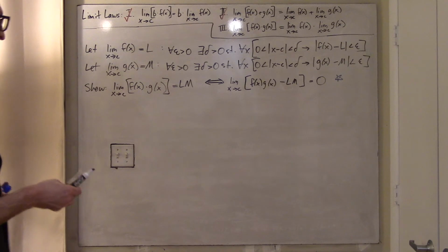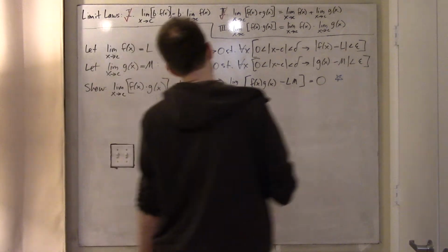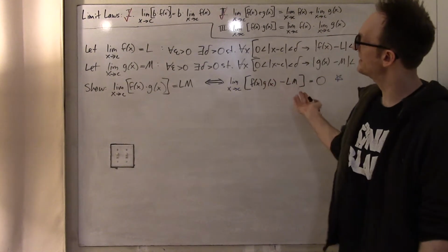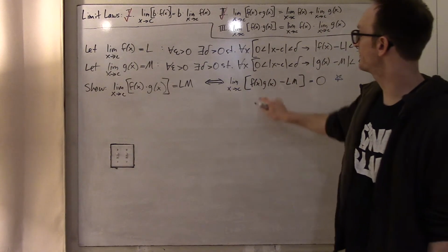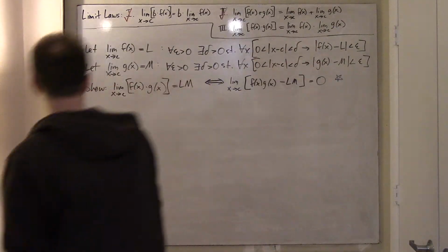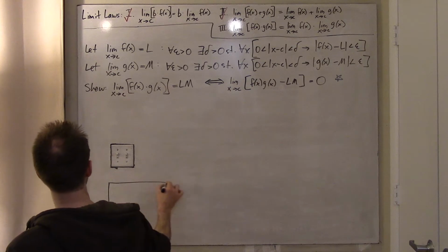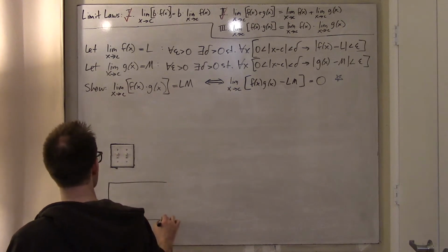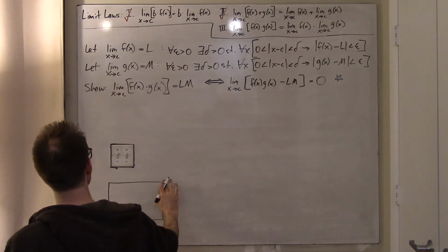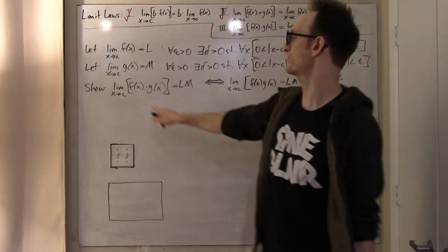So here's the picture. The picture tries to get some kind of geometric understanding of this relationship, this fg minus Lm thing. So let me do it down here. What is going on, and why am I drawing a picture? Well, it's because of the very idea. I'm talking about the product of two functions.